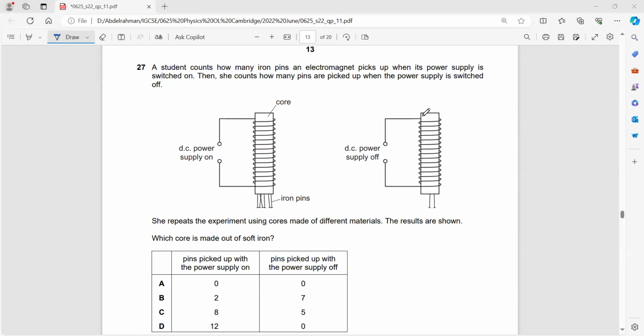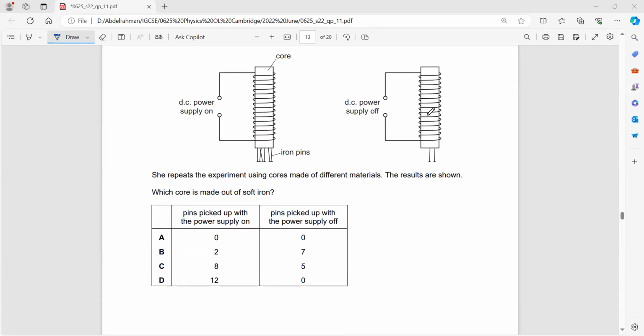Here I have a DC power supply on and DC power supply off. She repeats the experiment using cores of different materials. The results are shown. Which core is made out of soft iron? D. Why D?